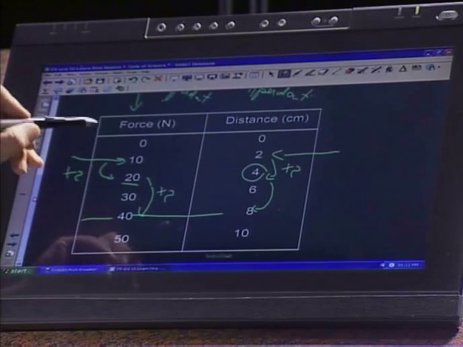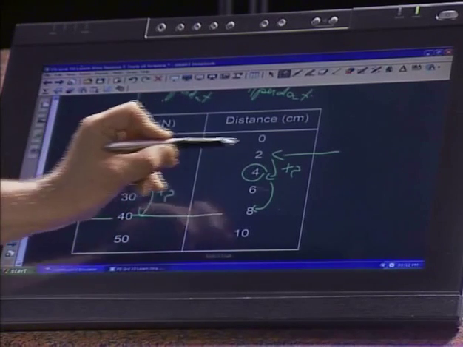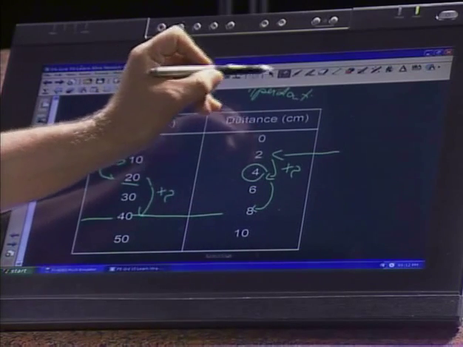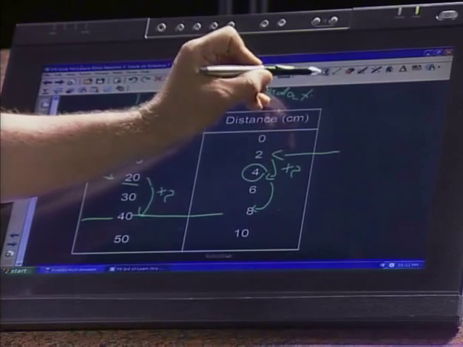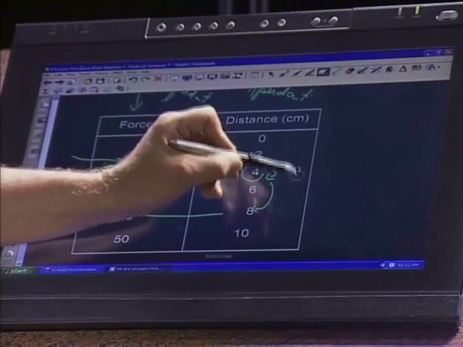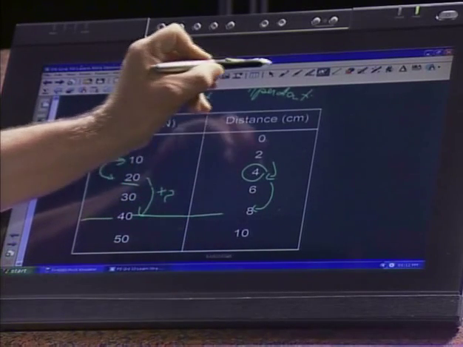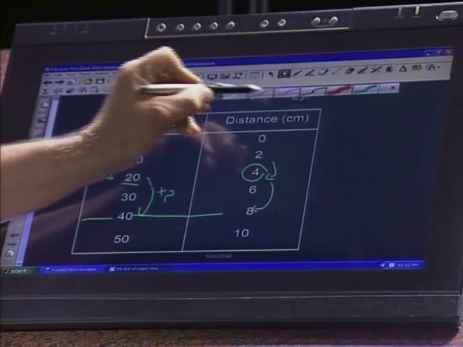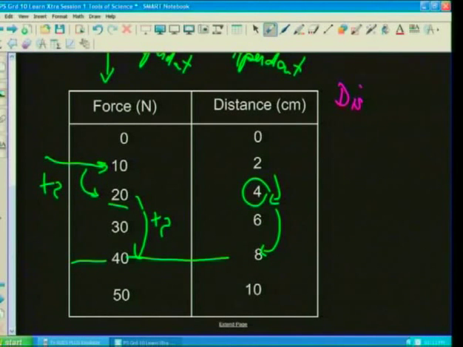One way to test this is to say, well, hold on, let's ask a question about the relationship in this way. Instead of doing a multiplication, let's take a look at the ratio of distance over force. So I'm going to put in another line over here, and I'm going to take the distance, and I'm going to take the force over there.